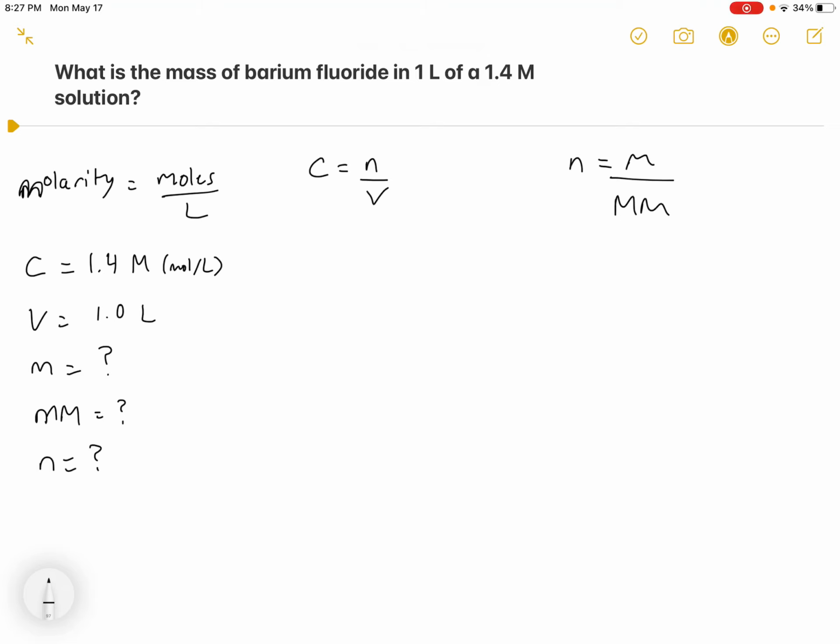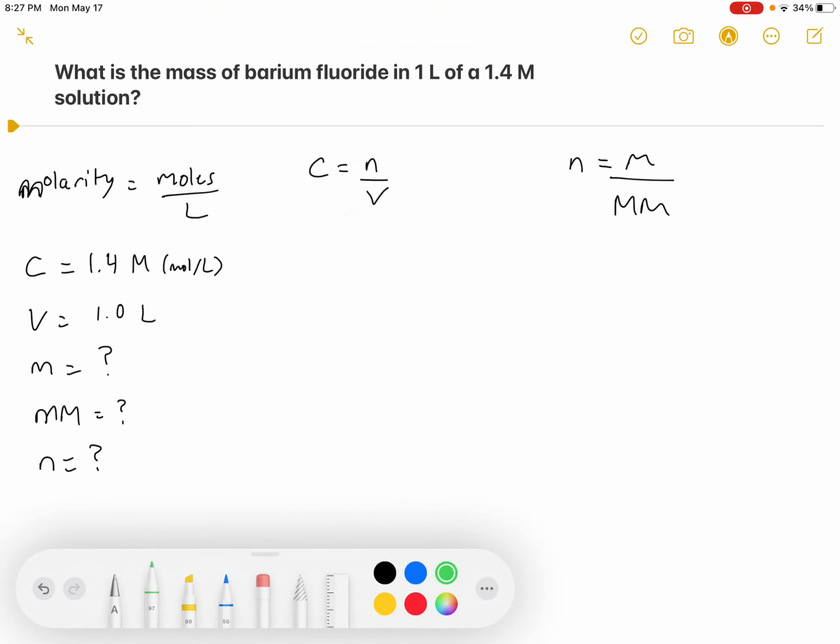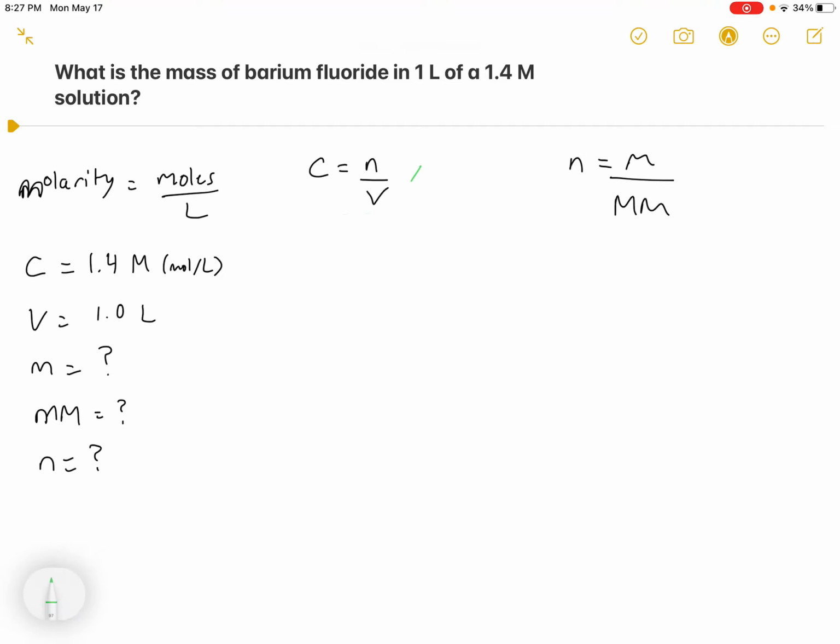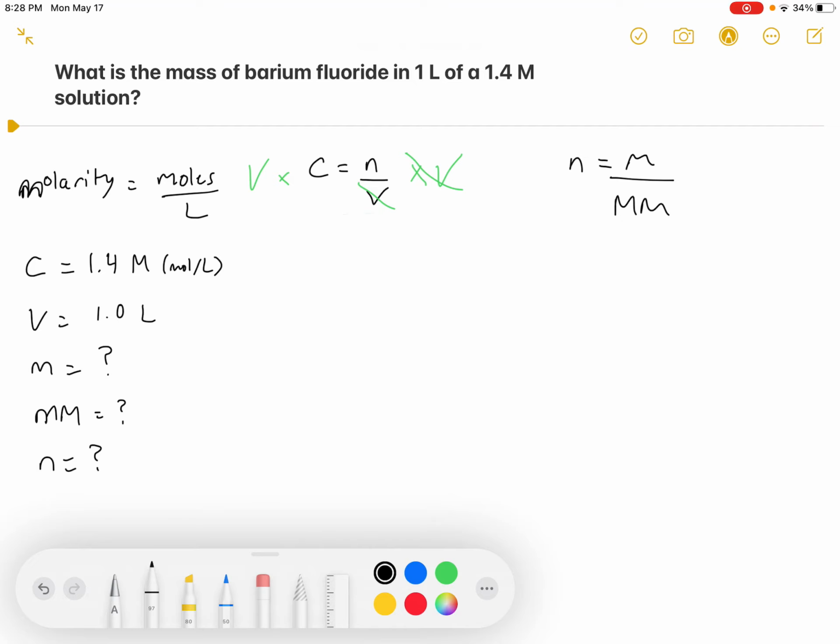All right, so looking at the pieces of information that we have, the first thing that we'll probably need to solve for is the number of moles of barium fluoride, which means we're going to be looking at this equation here. So our first step will just be to make sure we properly rearrange the equation to isolate n. The way I'm going to do that is by multiplying both sides by V. That allows us to cancel out the V on the right side of the equation because anything divided by itself is 1.